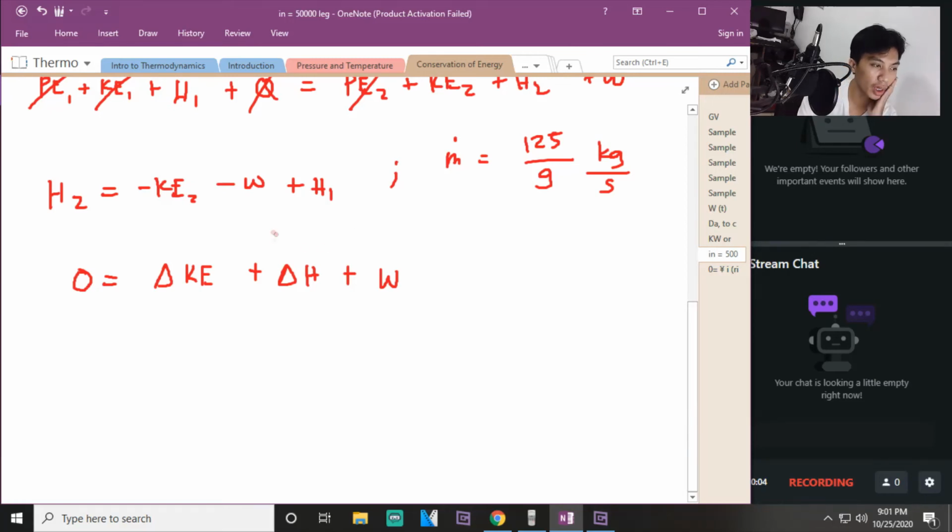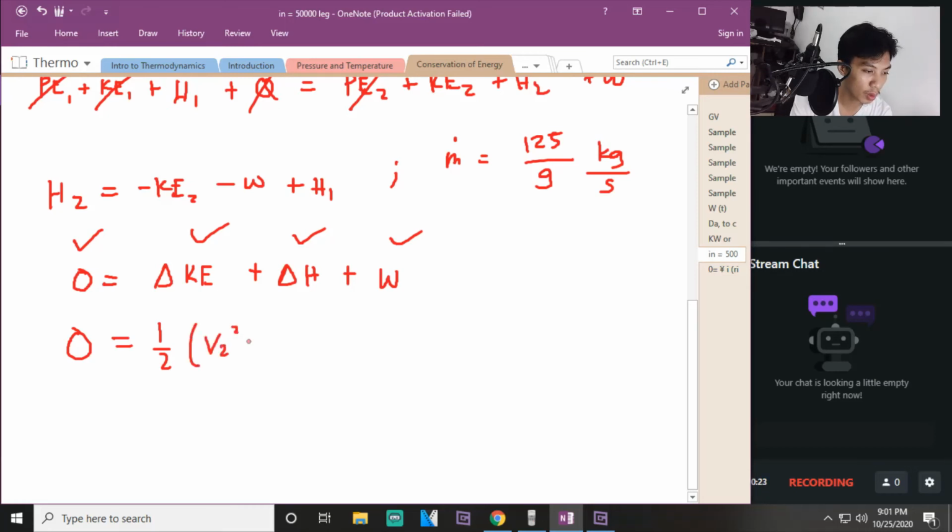Okay, so, pwede natin gawing ganito yung ating calculation. So, equate natin silang lahat sa 0 and yung mga titirang parameters. And then, we will have to simplify this first. So, this will be 1/2 ng KE, which is V2 squared minus V1 squared plus yung delta H. And this is hindi specific yan, enthalpy yan.